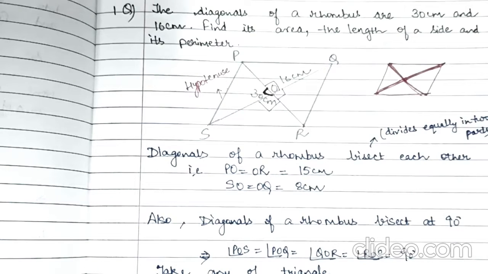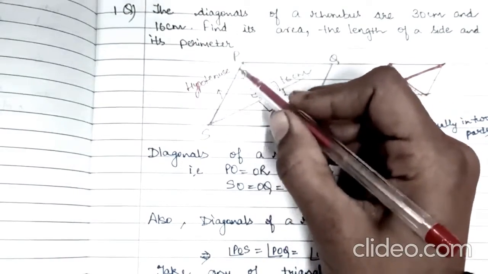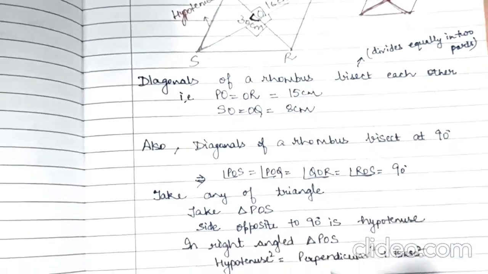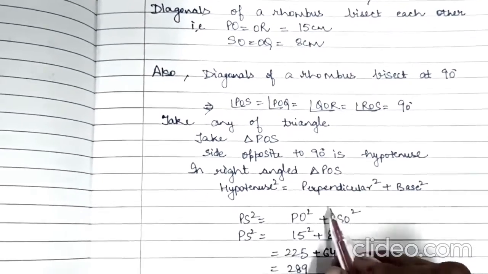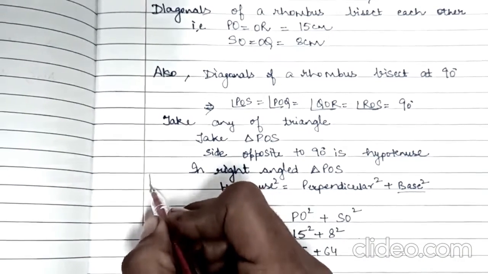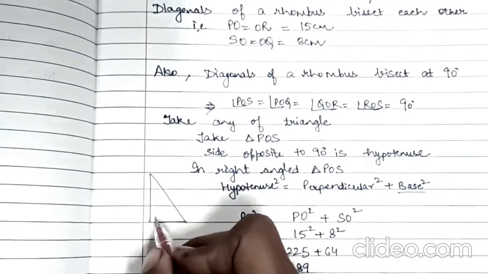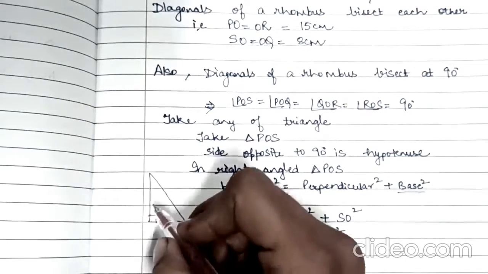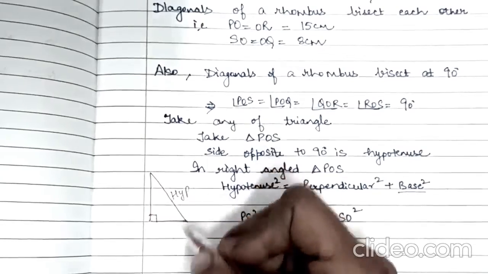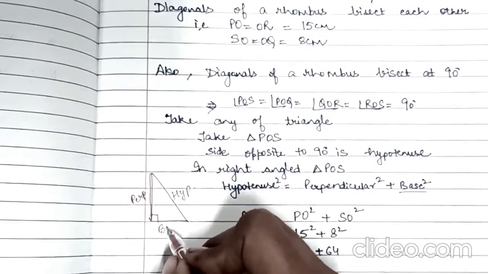Pythagoras Theorem states that in a triangle, hypotenuse square is equal to perpendicular square plus base square. Let us discuss. Suppose I have this triangle. This is 90 degree. The side opposite to 90 degree is the hypotenuse. This is perpendicular and this is base.